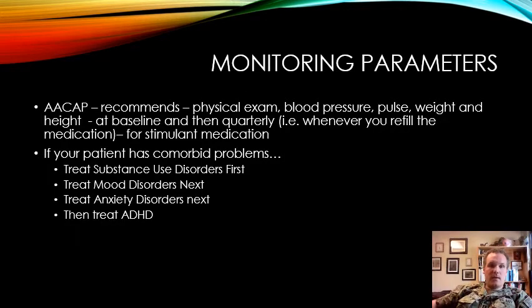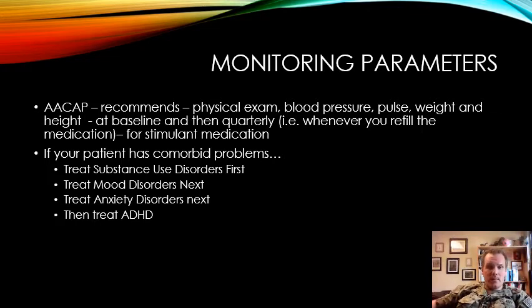To begin with, like I said, you want to treat substance use disorders first, then mood, then anxiety disorders, and if all those are resolved, then you can go ahead and treat ADHD if the symptoms are present warranting the diagnosis.